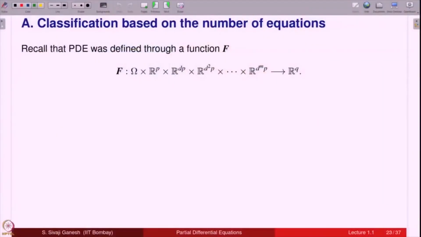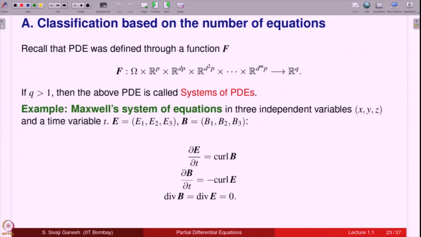So, now a classification based on the number of equations. Recall that a PDE is defined through a function of this type. If q is bigger than 1, it is called a system. If q is equal to 1, it is called scalar. So, this is an example, the Maxwell system of equations in 3 independent variables x, y, z and a time variable.